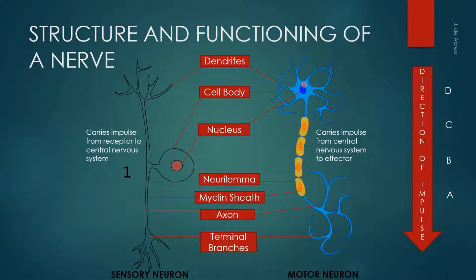Whereas for motor neuron, the cell body is at the top and it's connected to the dendrites. Within the cell body is a nucleus and cytoplasm, mitochondria, all of the organelles that cells have. And then connected to it are dendrites, and the dendrites are what transmits the impulse from the cell body to the axon.